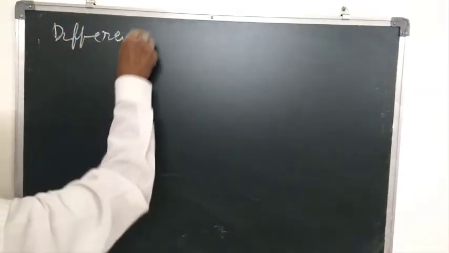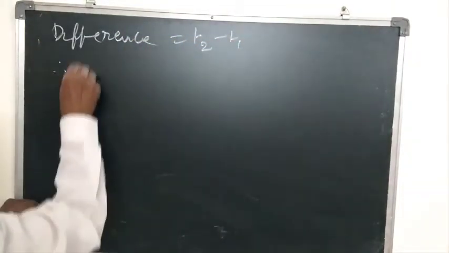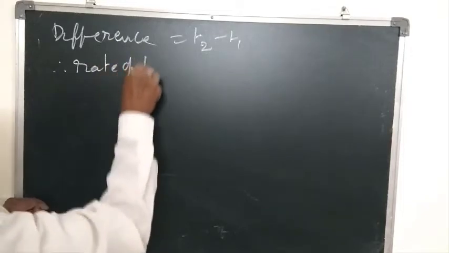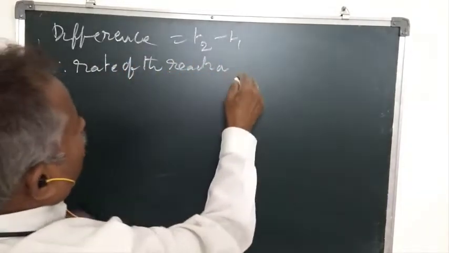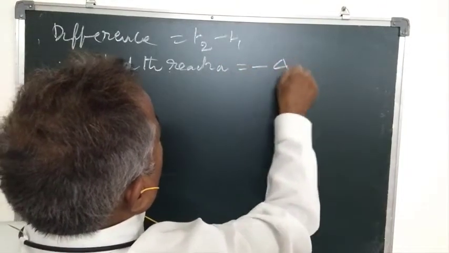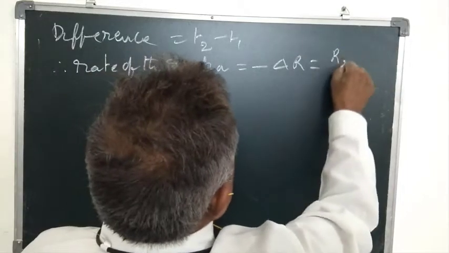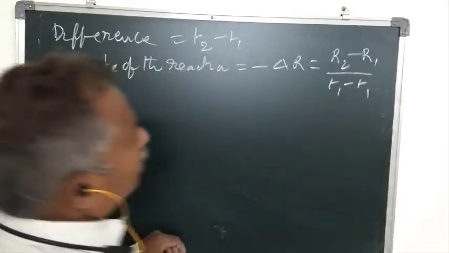Now, difference in time is T2 minus T1. Therefore, rate of the reaction is given by minus delta R, which is R2 minus R1 by T2 minus T1.